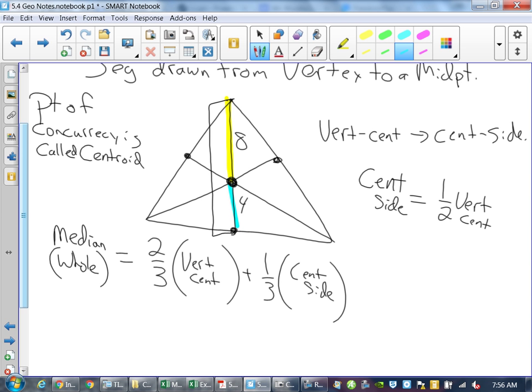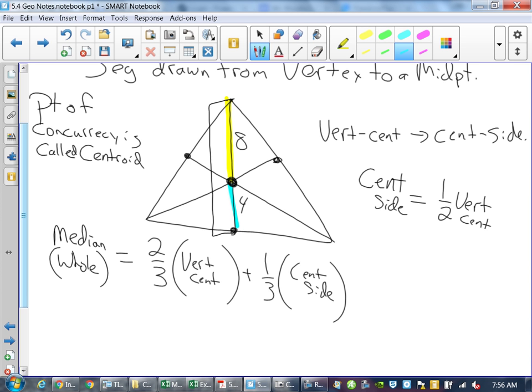Centroid to side is half of the vertex to the centroid. I know there's a lot of fractions thrown in there, but once you do a couple of these, you see how fast these things move themselves through. It is quite literally half of 8 is 4.